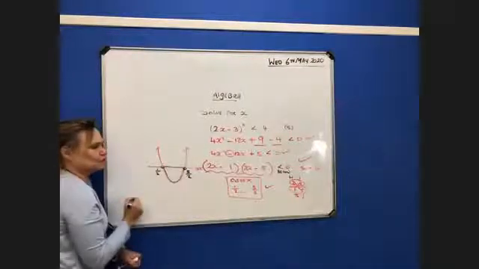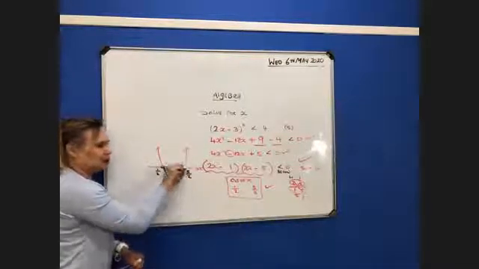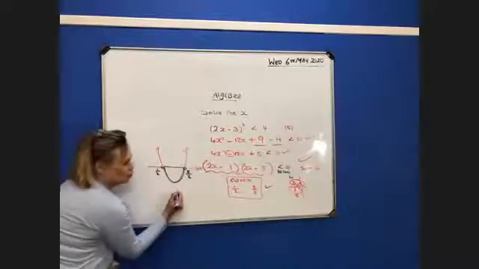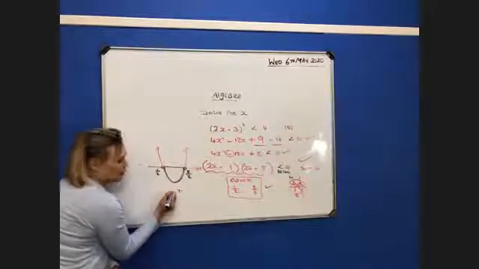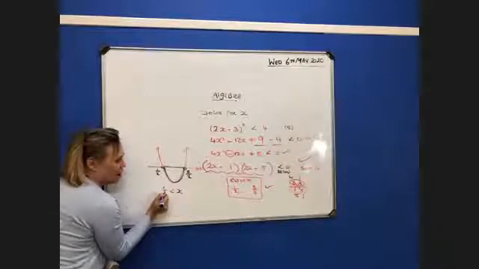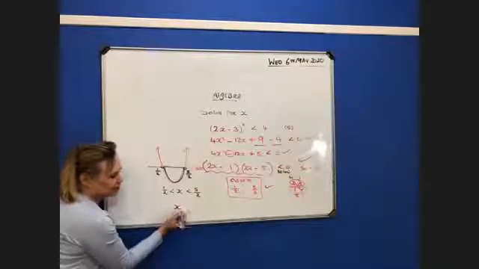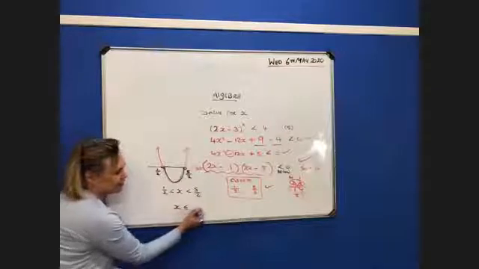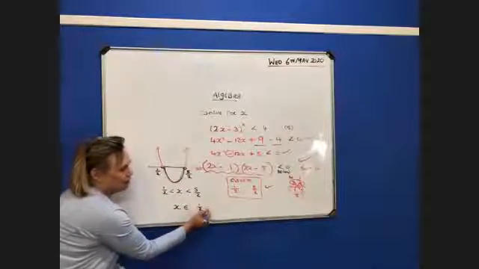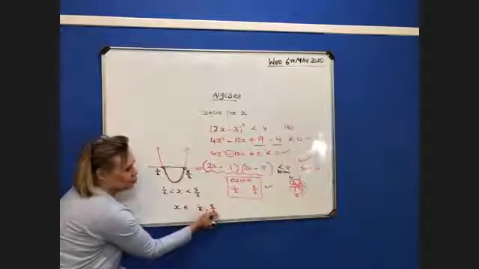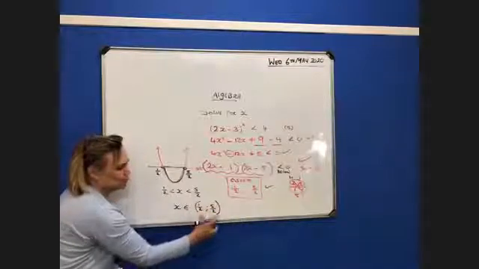Between those two values, my parabola will be below, negative. So x must be greater than a half but smaller than 5 over 2, or you can use the interval notation. X is an element of (a half; 5 over 2), and round brackets mean you exclude.